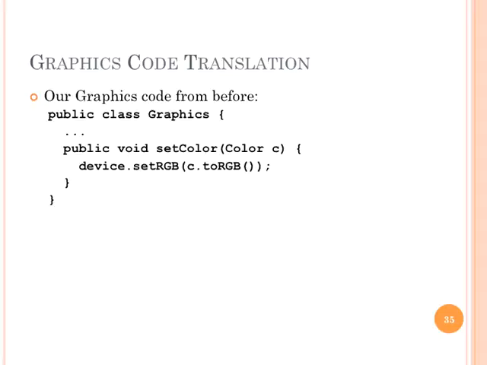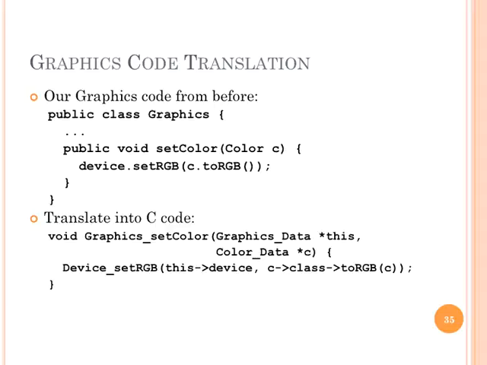So we had this code before. Set color, and we pass in some color. We don't know what kind of color. And all we do in there is we say device.setRGB c.2RGB. We would translate it into this C code. Notice what we have here on the right part of this statement. We have a color data.